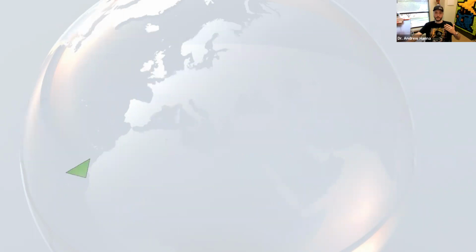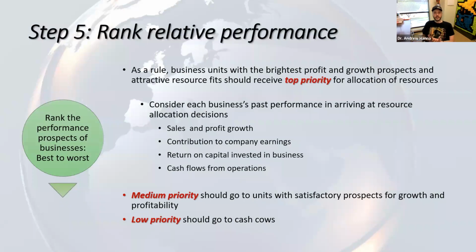operate successfully. So once we've taken that into account, then we try to rank the relative performance of the different businesses. As a rule, it says here, business units that have the brightest profit and growth prospects and really attractive resource fit get top priority for allocation of resources.